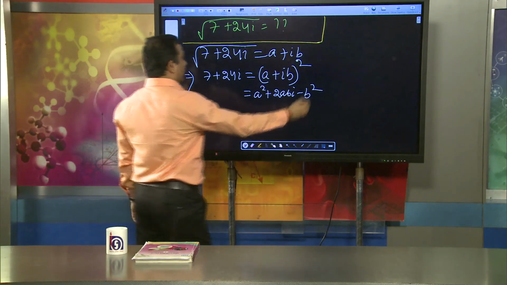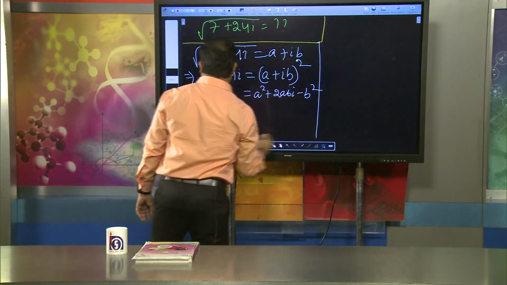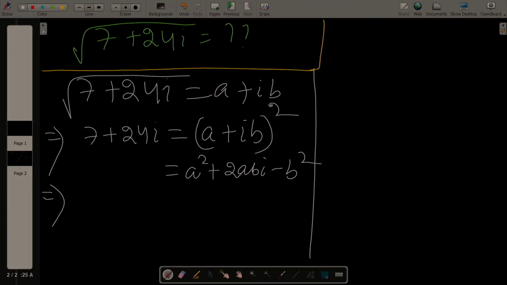Now what will we find? You can compare the imaginary parts. This is the imaginary part and this is the imaginary part. So 2abi equal to 24i, just comparing.